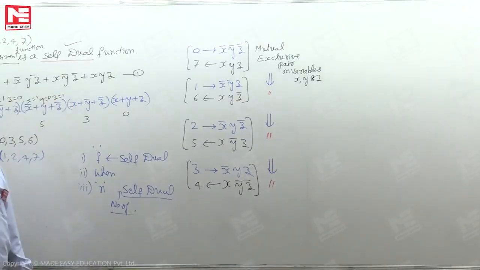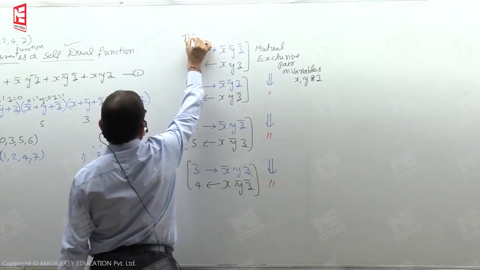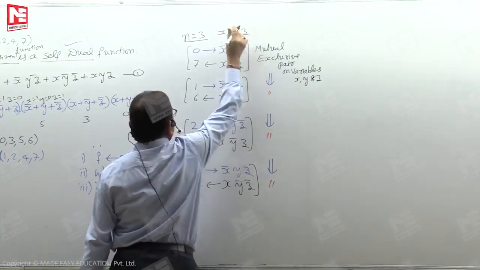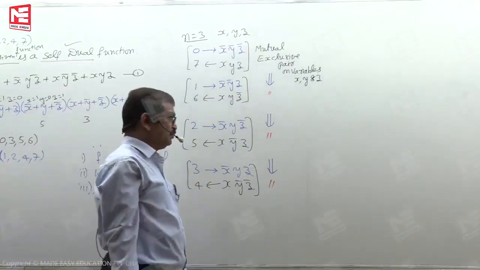So on these 3 Boolean variables x, y, z, we have 4 mutual exclusive pairs. The pairs are 0 and 7, 1 and 6, 2 and 5, and 3 and 4. These are the 4 mutual exclusive pairs.